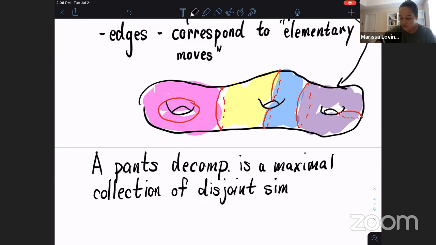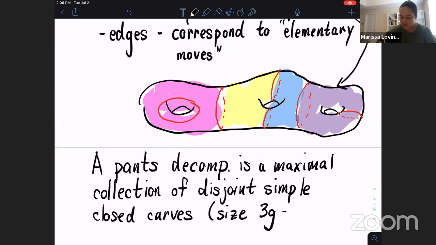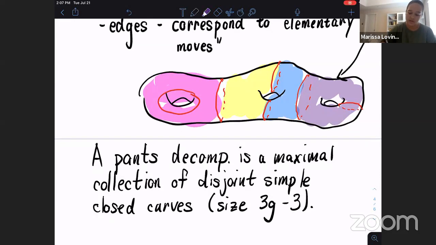Again, I want simple, so I don't want my curves to intersect themselves. On a closed surface of genus G, this has size 3G minus 3. So this is what I mean by pants decomposition.